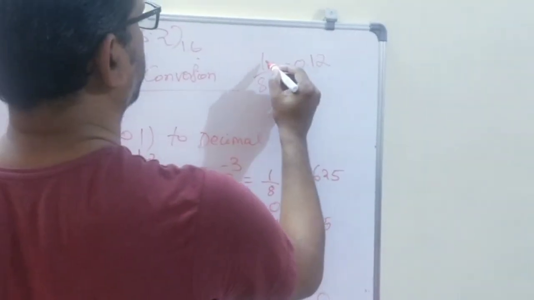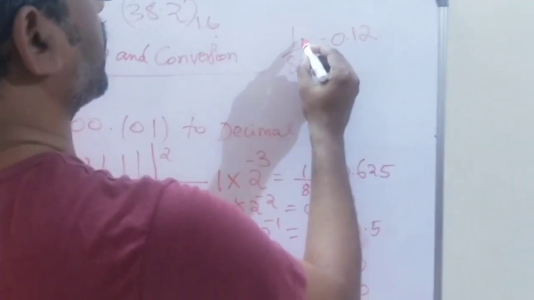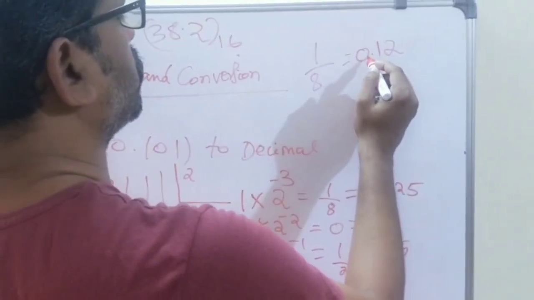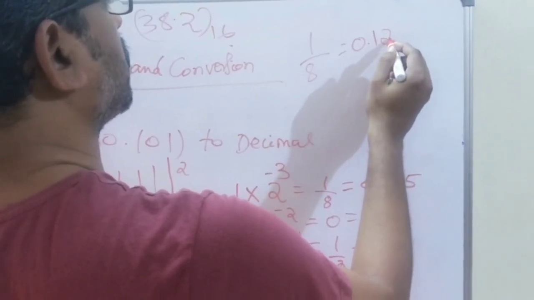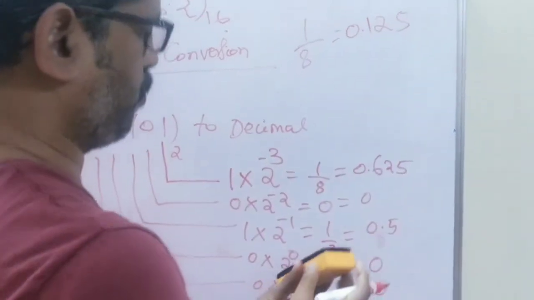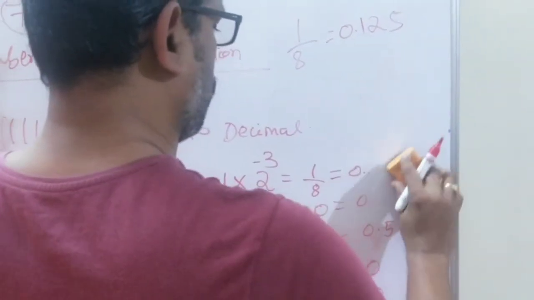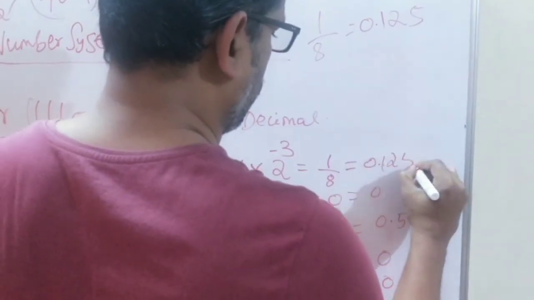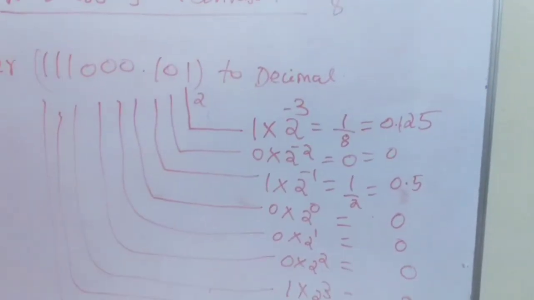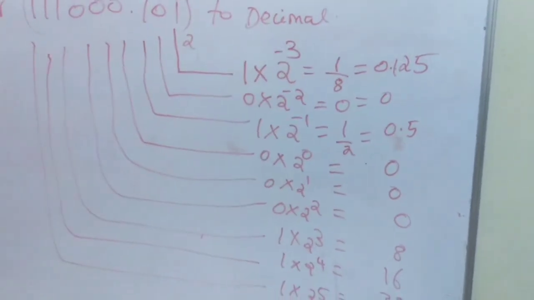We can divide 10 by 8: 1 eight is 8, remainder is 2. Then 20, 2 eights are 16, and so on. It is 0.125, not 0.625. So 1 by 8 is 0.125.